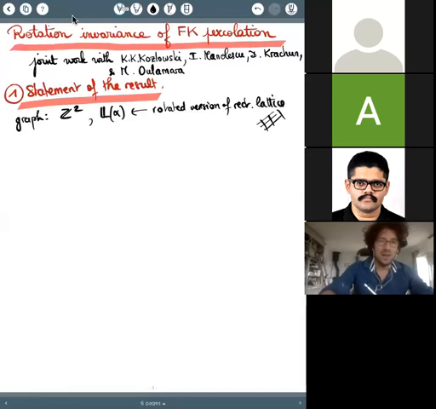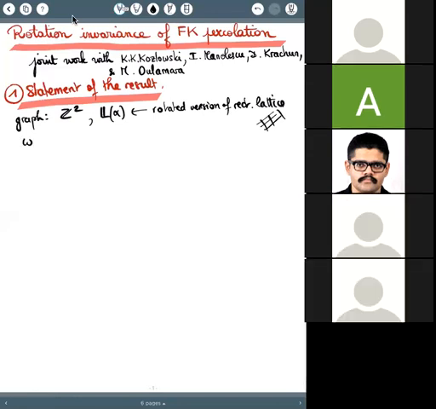And I'm going to look at Bernoulli percolation. I mean, I'm going to look at a percolation model on it. So omega would be a function from the edges of my graph, so say Z2 or L alpha, into {0,1}. So every edge is attributed a random variable, omega e.